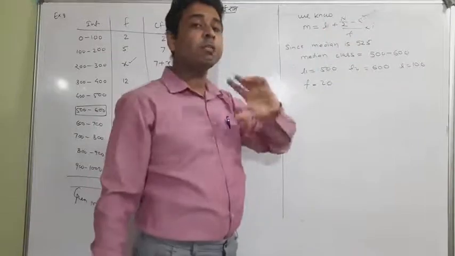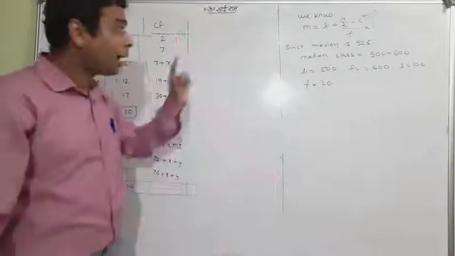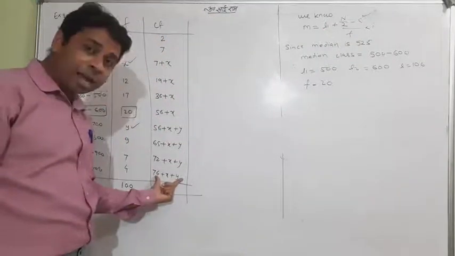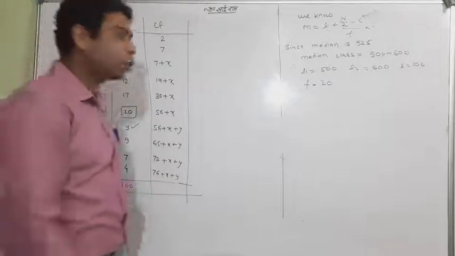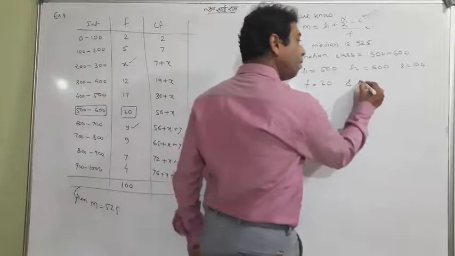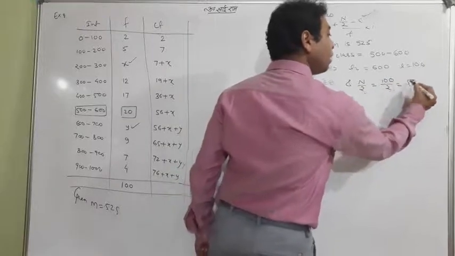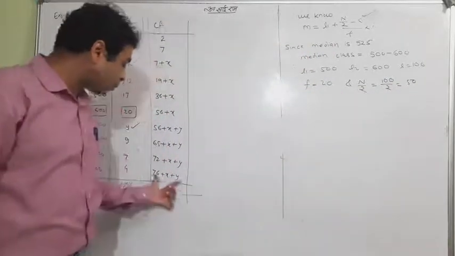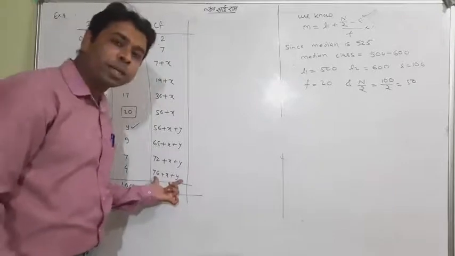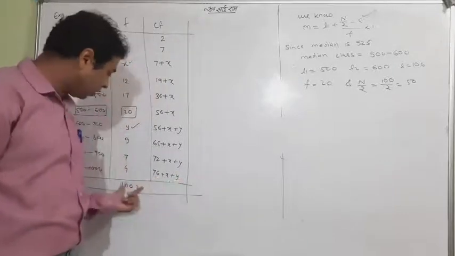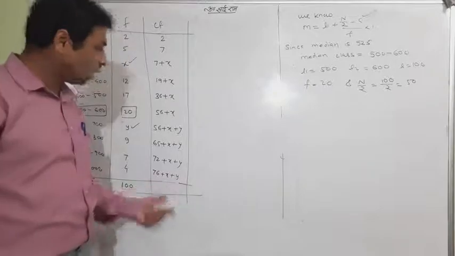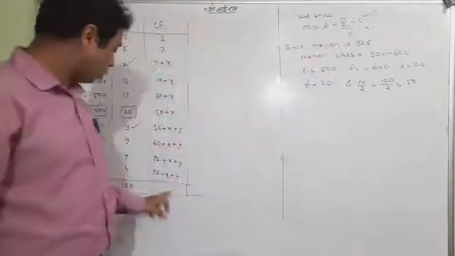What is n by 2? n is this number and it is equal to 100. So n by 2 is 100 by 2, which is 50. Sometimes students take n equal to this one, which is also correct, but don't do it the hard way. This and this are always equal. So n by 2 means 100 by 2.